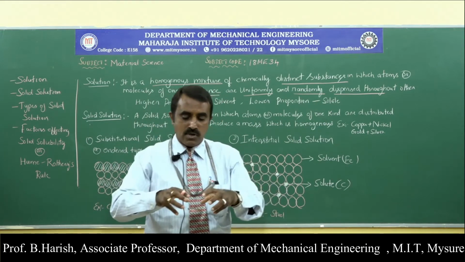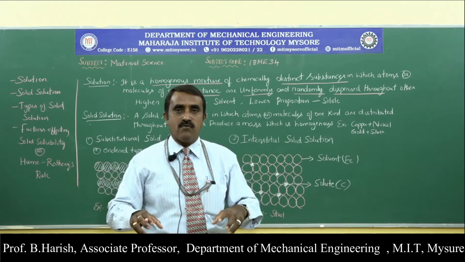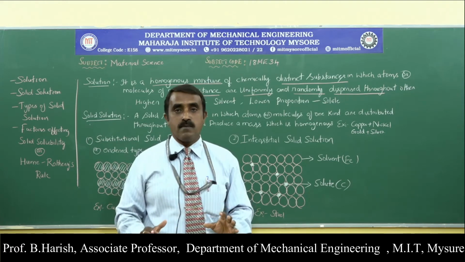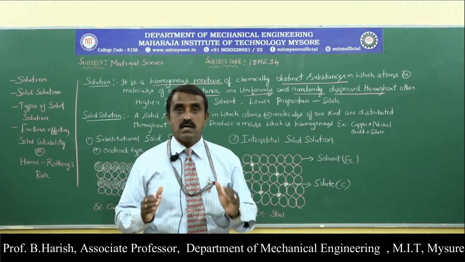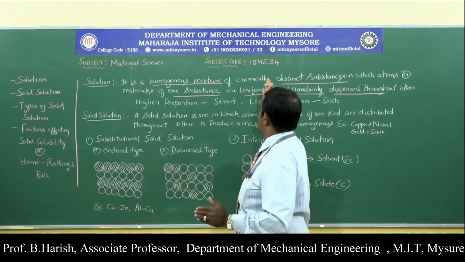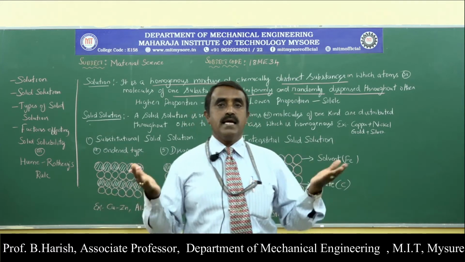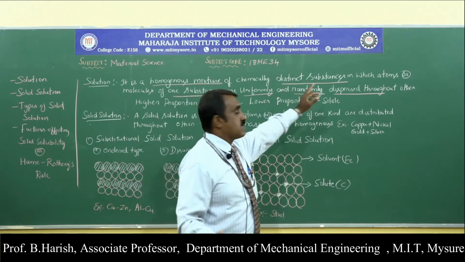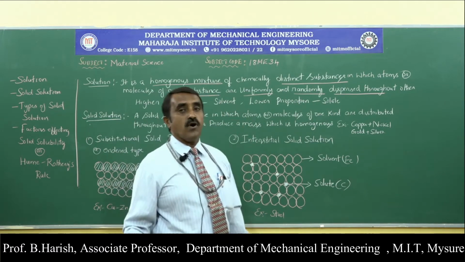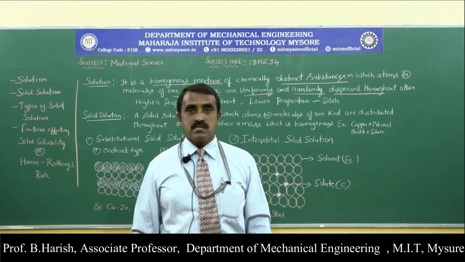When they mix together, a uniform or random distribution takes place, but 100% distribution. That is what is called a solution: a homogeneous mixture of chemically distinct substances in which atoms or molecules of one substance are uniformly or randomly distributed in the other.